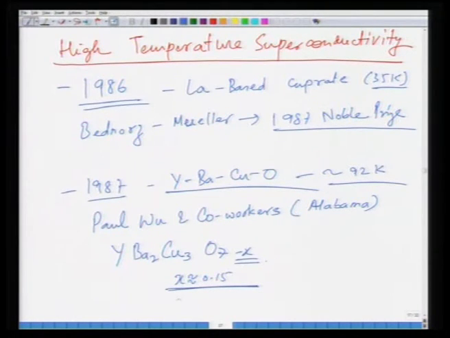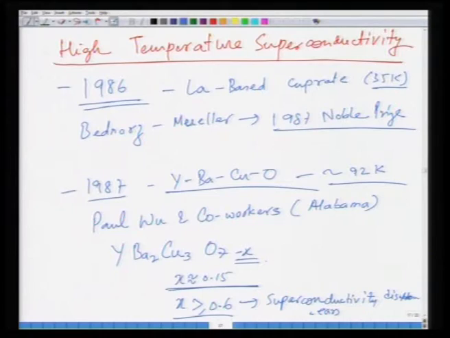However, when x is greater than or equal to 0.6, superconductivity disappears. So this is the composition beyond which superconductivity does not remain.